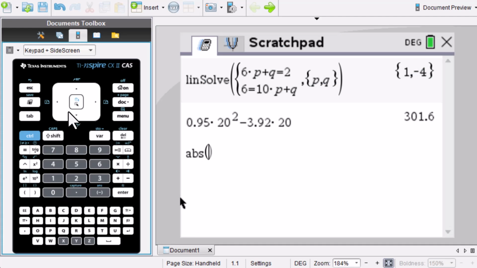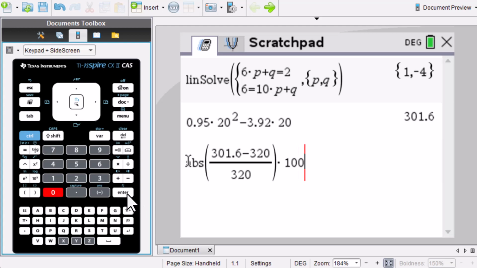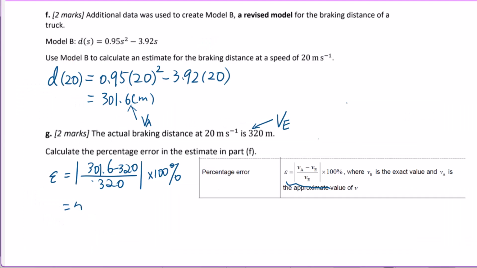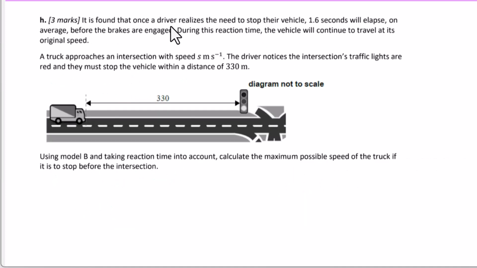Control divide gives this division line. 301.6 minus 320, over 320, then times 100. Enter. 5.75%. So the percentage error equals 5.75%.